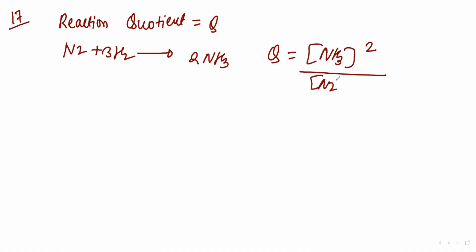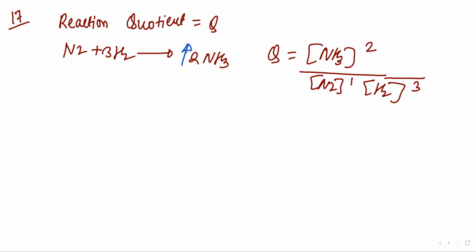Divided by the N2 concentration to 1 times H2 raised to 3. So this is the reaction quotient. The reaction will proceed towards the right hand side. So we have to produce more moles; for this, the concentration we have to increase.